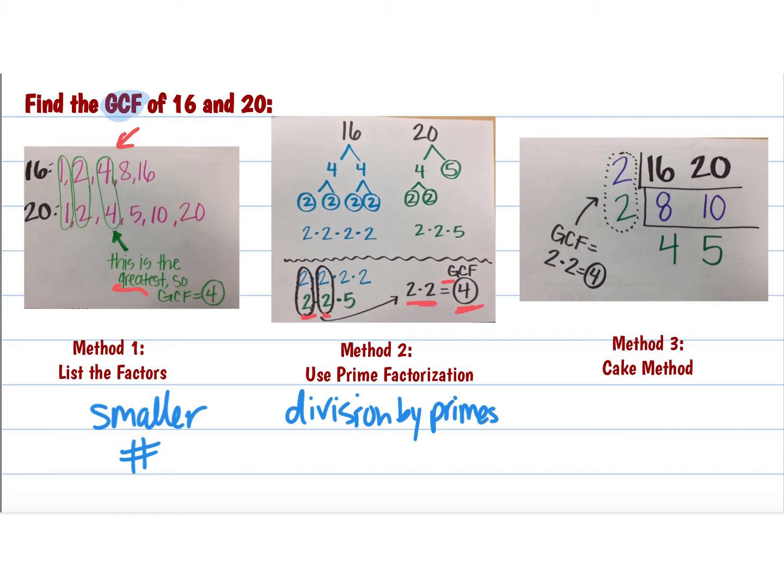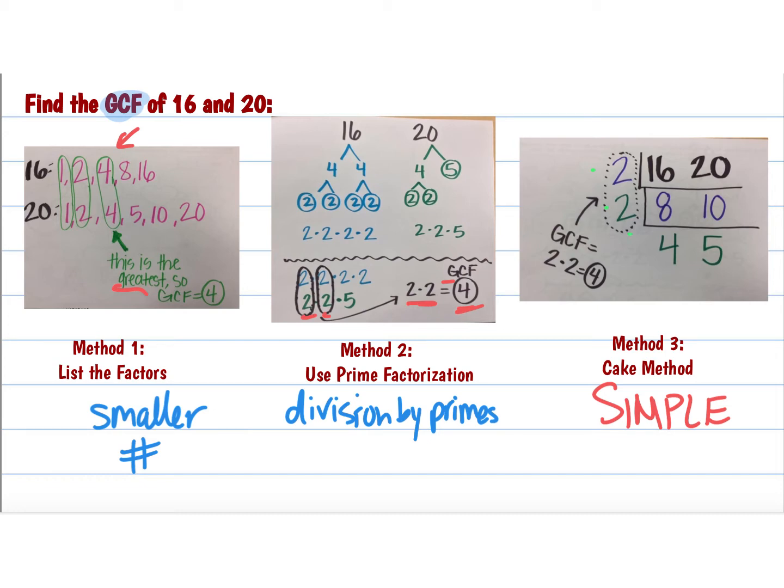And then the final one, the cake method. This one's a super simple method. You can see how simple it looks, there's a lot less going on. In this case, you divide each number by a factor that they share. So in this case, 16 and 20 share 2, 8 and 10 share 2, and 4 and 5 don't share anything other than 1.